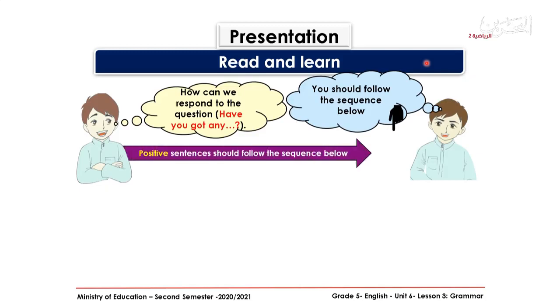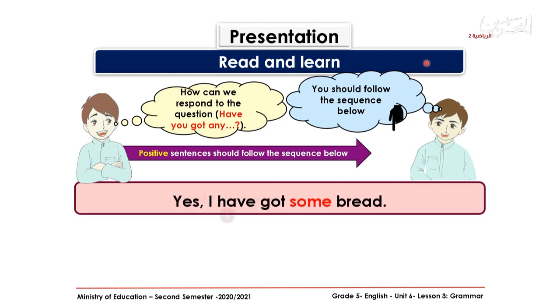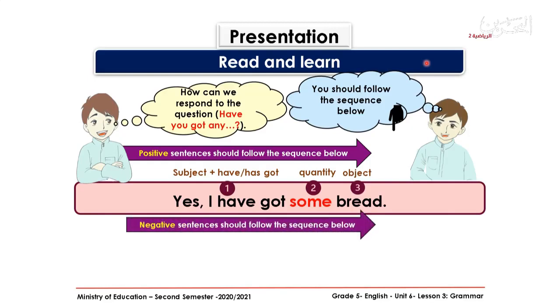For positive sentences, we should start with yes, comma, then the subject I, she, he, they, then we put have got or has got, then we write the expression of quantity, which is some, and then the noun or the object.